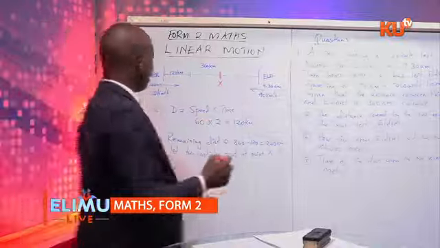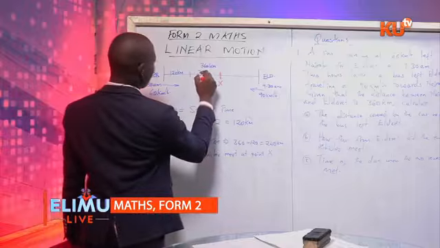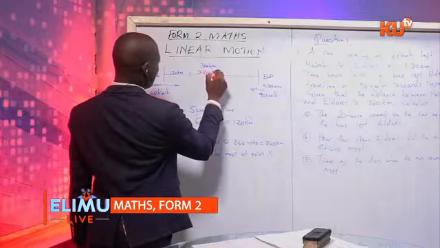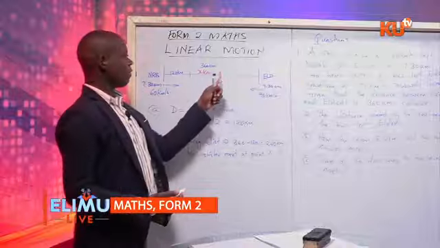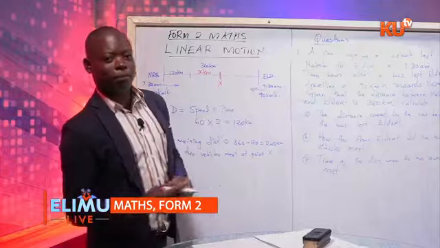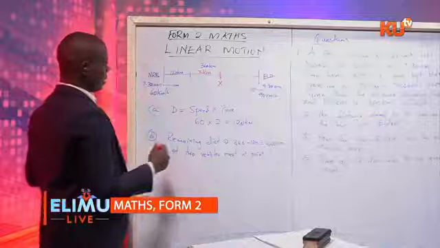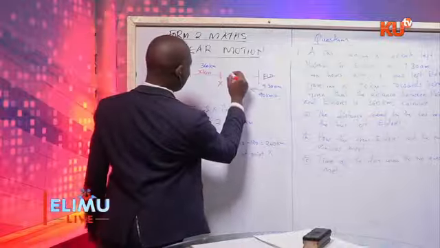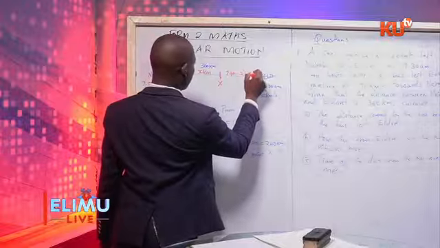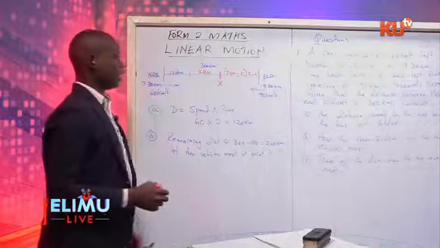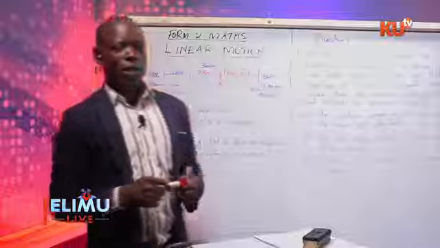And we say, let this distance be X kilometers. So therefore, students, what is the distance from X to Eldoret? The distance from X to Eldoret will be 240 less X kilometers.